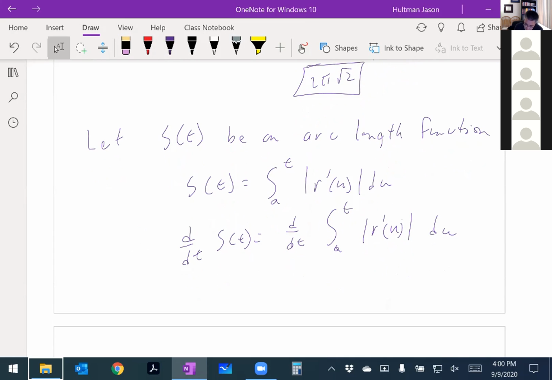Then, according to the fundamental theorem of calculus, the derivative of s of t, which is s prime of t, would just be equal to what's inside here, evaluated at t. So this is going to be the magnitude of r prime of t. That's the derivative of the arc length function.